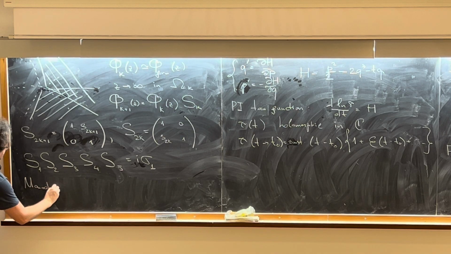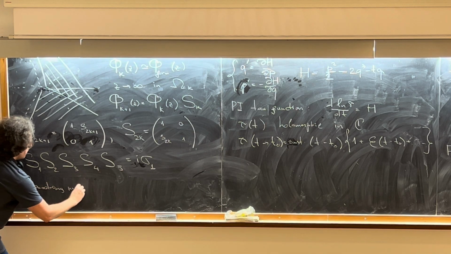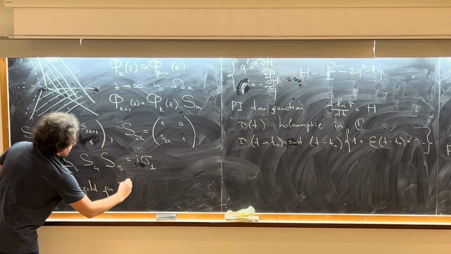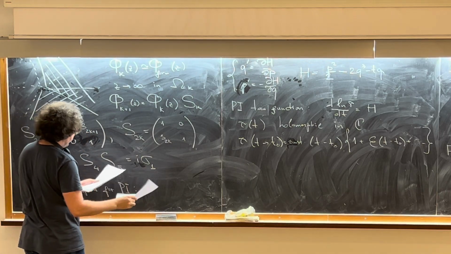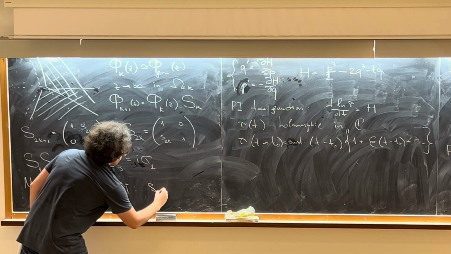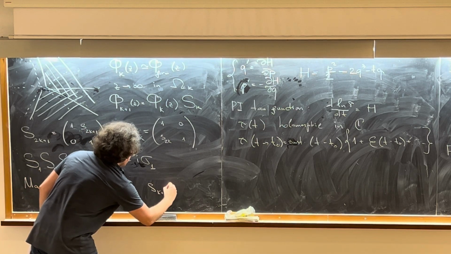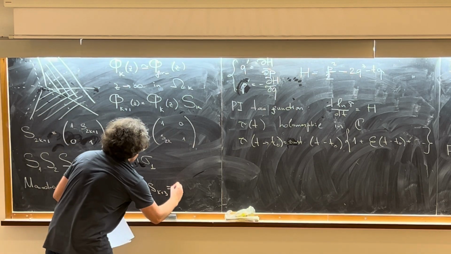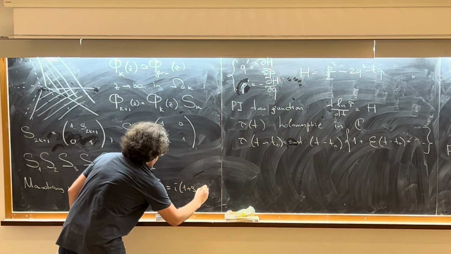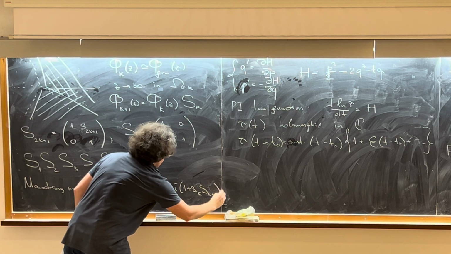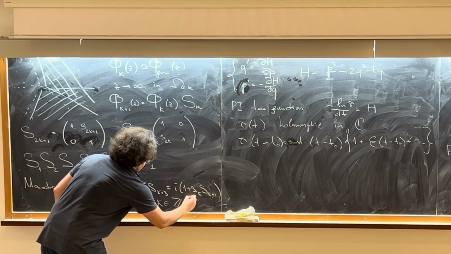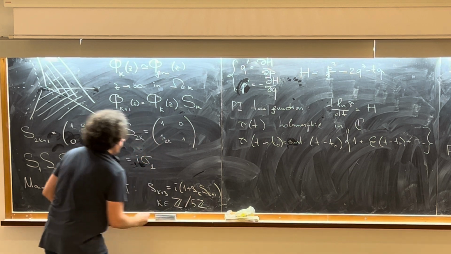So the monodromy manifold for P1 is given by the system of equations s k plus 3 equal to i times 1 plus s k s k plus 1, with k in Z over 5Z.